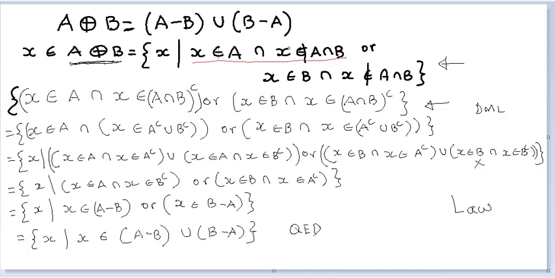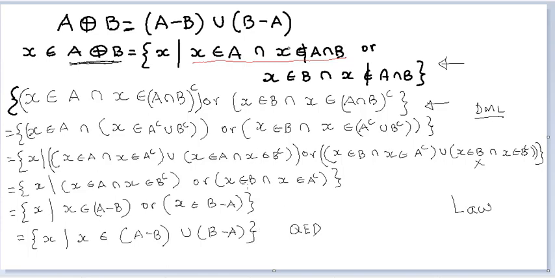All right, and slowly we used De Morgan's law, we used the distributive law, and we used other set difference laws. All that we used to derive the next step.